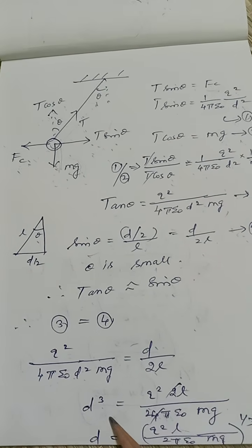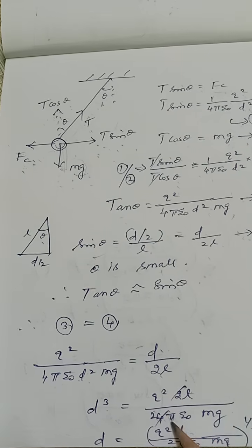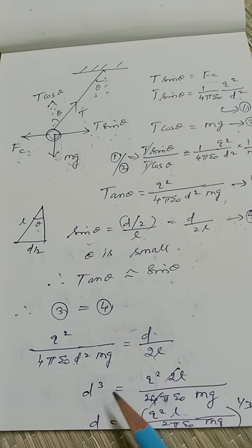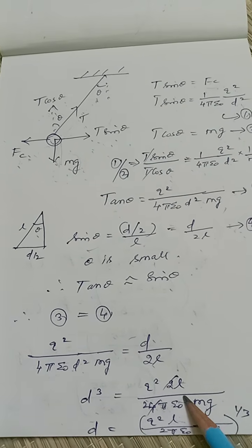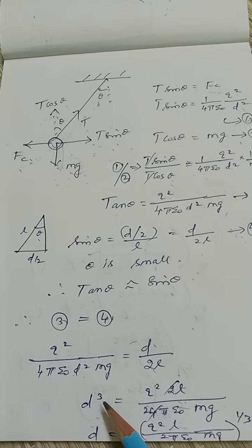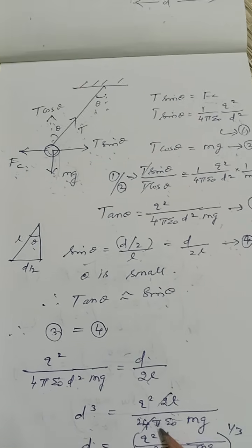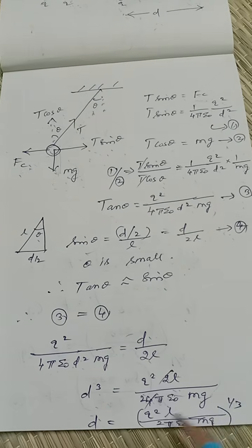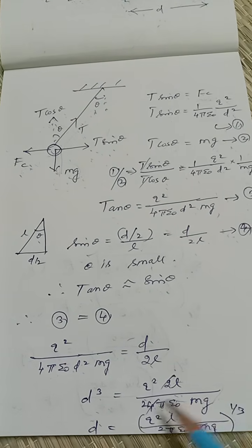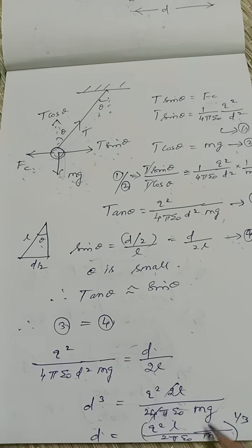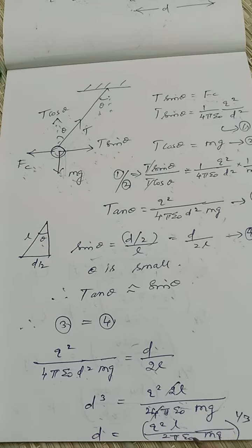So d cube equal to q squared l by 2 pi epsilon naught mg. Taking cube root on both sides, you will get d equal to this whole thing to the power 1 by 3. So this will be the separation.